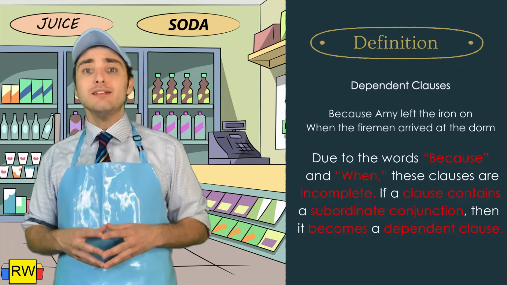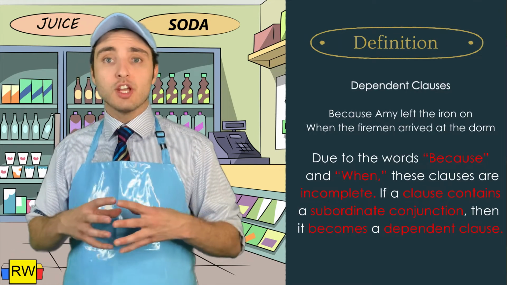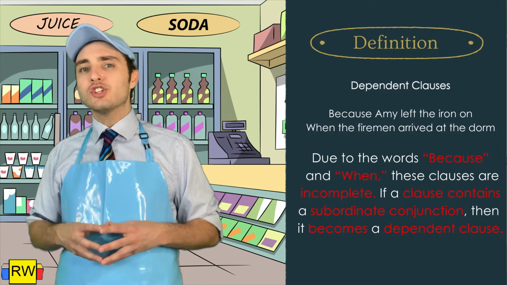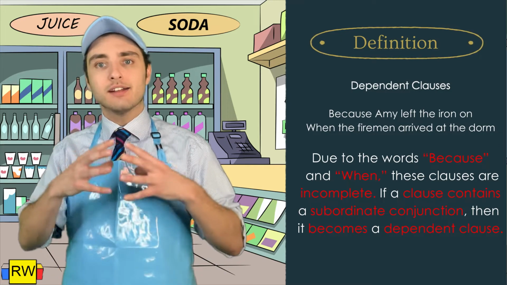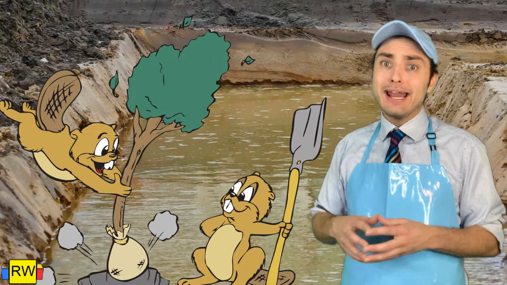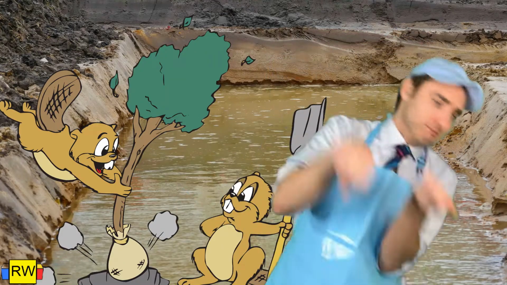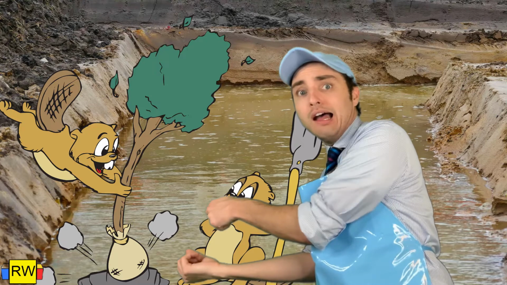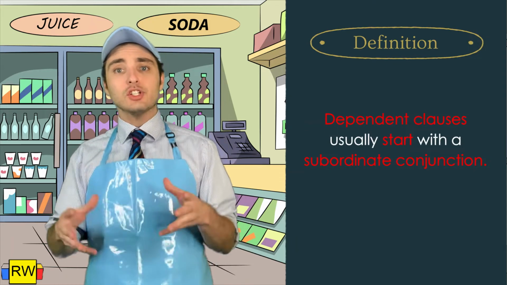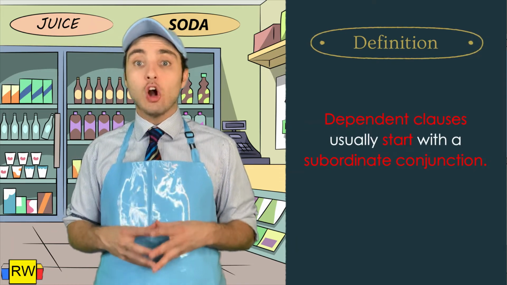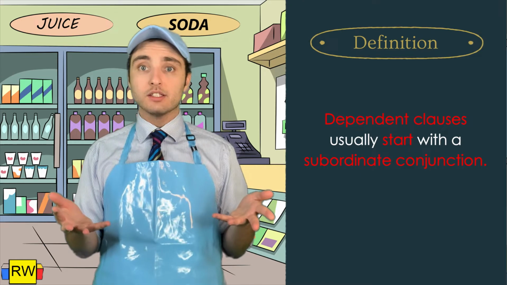Also, both of these clauses start with something called a subordinating conjunction. And these conjunctions, when put at the start of our clauses, actually create dependent clauses. Let's go ahead and dig into it a little bit more. When it comes to dependent clauses, it's actually very common that they start with subordinating conjunctions.